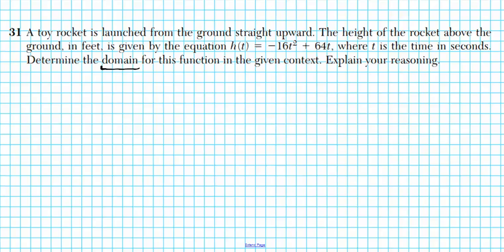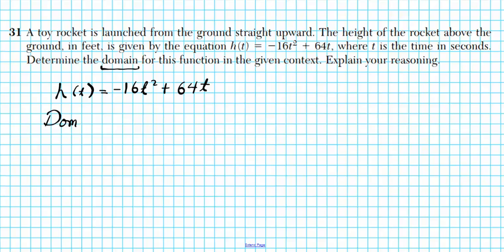Well, the domain is the list of acceptable input values into a function. Okay, so we have the height function h of t equals negative 16t squared plus 64t. The domain is the constraint on the independent variable, namely the time. Okay, so when is the time valid for this model right here? So let's just write some notation down.